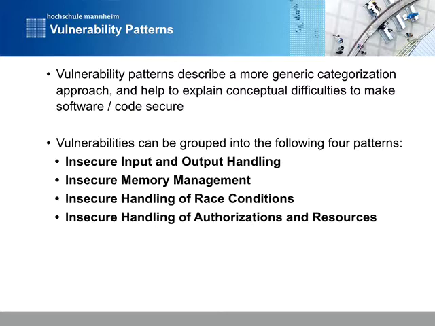And we have insecure handling of race conditions. This is a problem when you're making available a programming resource like a method or a class available to more than one user, being another class or a program or anything similar.